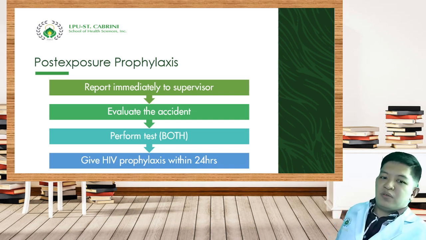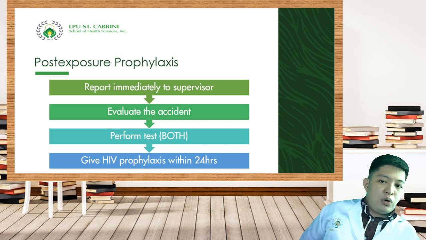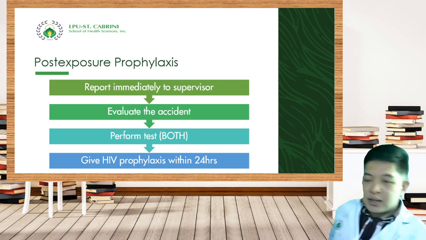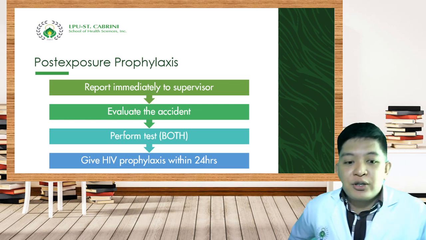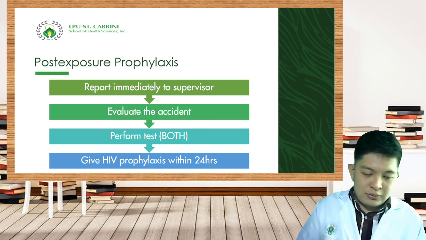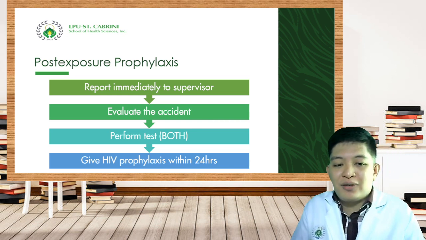Next in line is to evaluate the accident. Okay? Dadalhin ka sa infection control to perform necessary tests for you. You, as the medical technologist, and the patient will be tested. Itetest kayo against bloodborne pathogens.